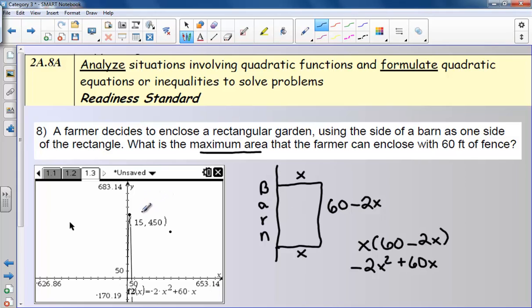So this is going to be my feet, and this is going to be my area of the garden. I can also tell from this that to maximize the area of this garden, I would want these shorter sides to be 15 feet each, which means that my longer side here would be 30 feet. So the maximum area that he can enclose is 450 square feet.